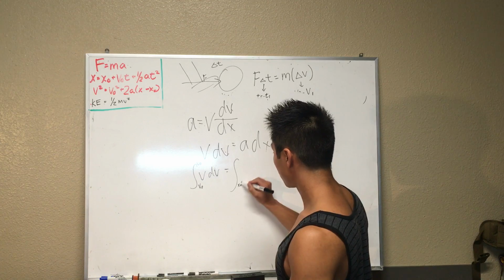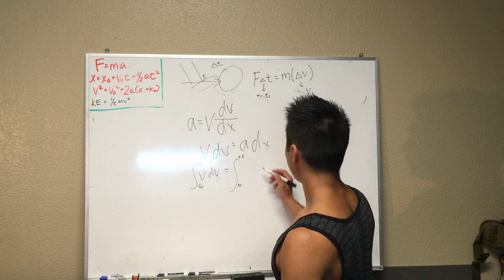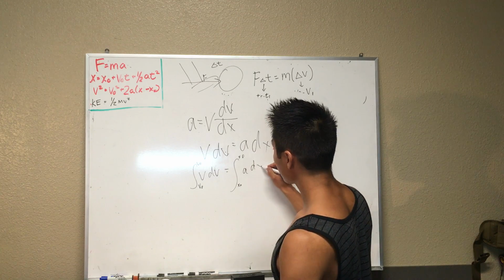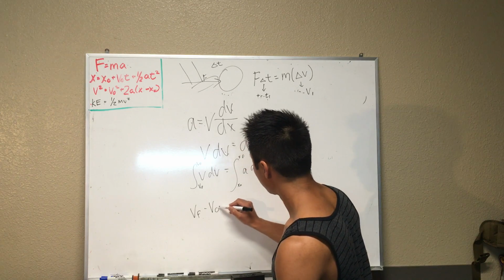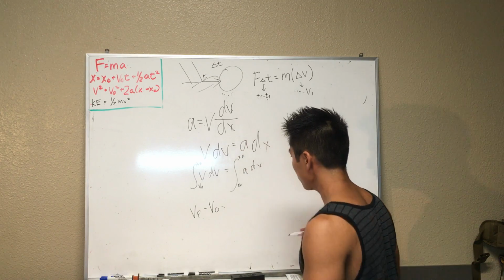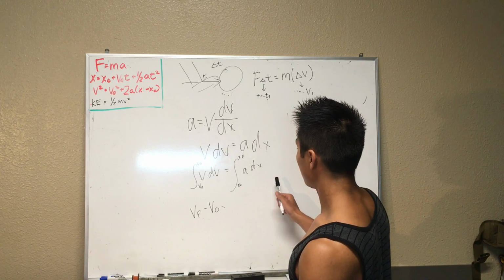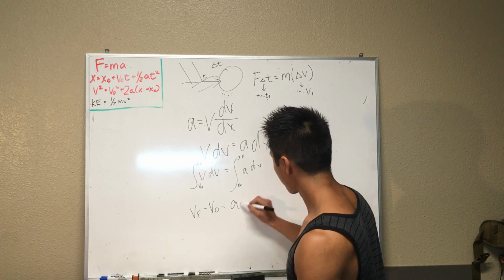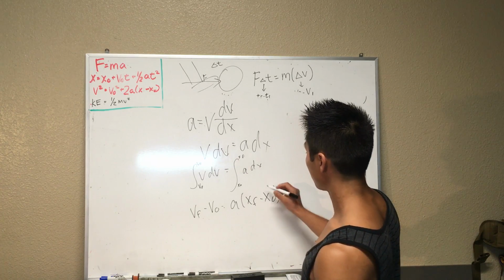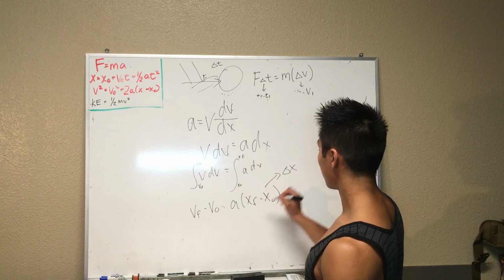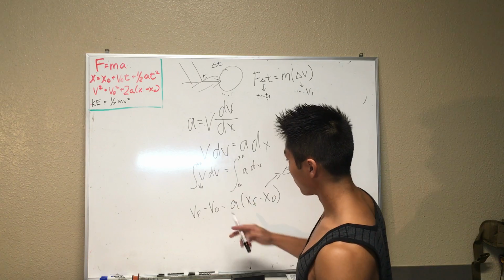So you have x naught, x final, and we basically have acceleration dx, and this becomes v final minus v naught equals acceleration multiplied by x final minus x naught. So this could also be represented as change of x, and I did that wrong.